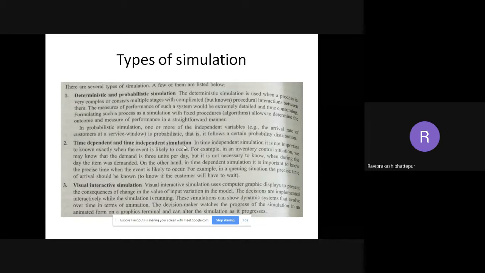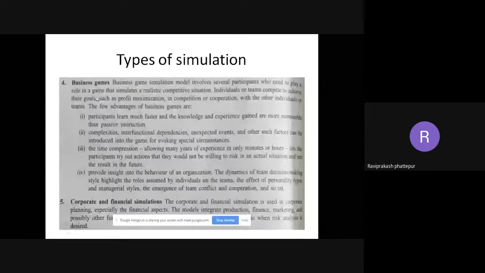How much time the smaller dams would take the load, and then again they will fail, and which cities or areas will be submerged, how many people are affected. What are the areas where the water level moves up, and which is the place where if you go you'll not be affected much. So all these things are simulated. These are visual interactive simulations.